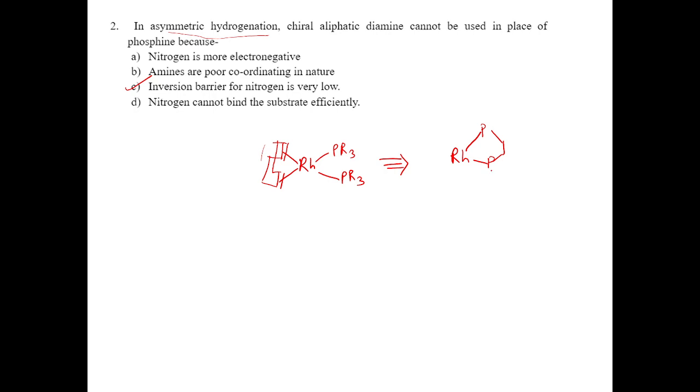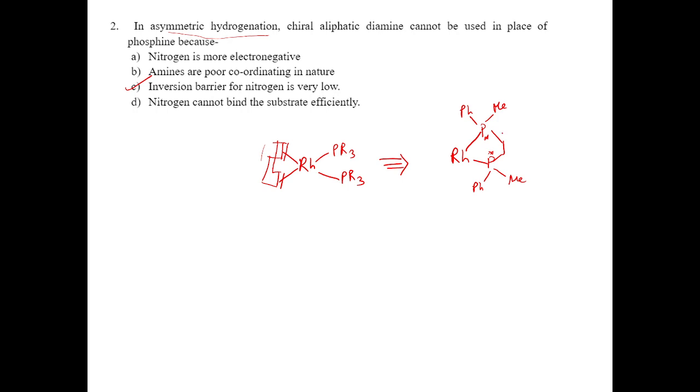Mostly, let's say one is Ph and another is Me. As you can see, this is the chiral center, which drives the chirality into the product also.